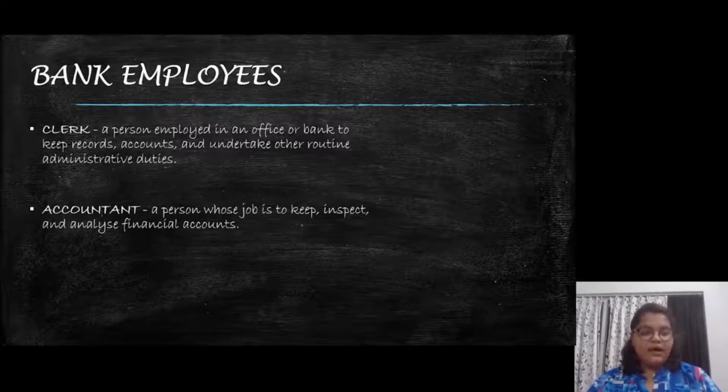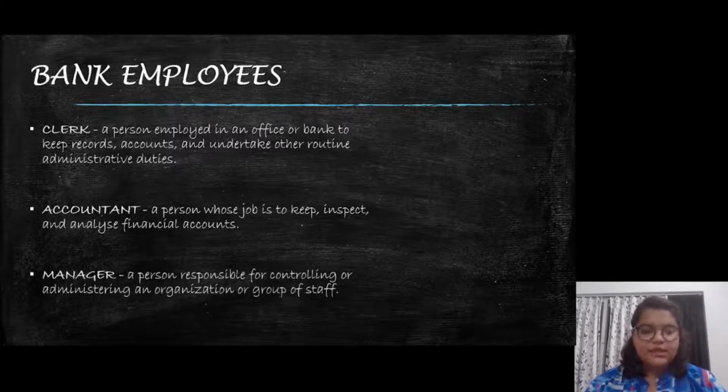So an accountant is nothing but a person whose job is to keep, inspect, and analyze financial accounts. The accountant is a person who sees all the accounts of the bank or of the company. He looks after the accounts. He inspects, keeps the records, and analyzes the financial accounts. And the manager, lastly, is a person responsible for controlling or administrating an organization or group of staff.